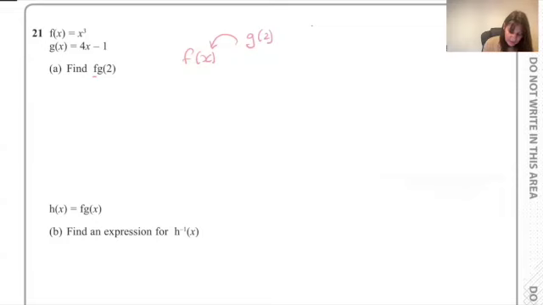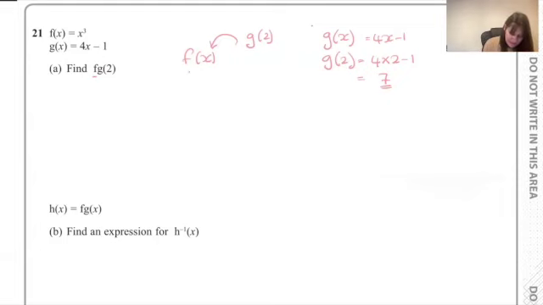So we need to get our function of g, which is 4x minus 1, and work out what that is. And we're being asked to substitute 2 in. So 7 is the result of g2.